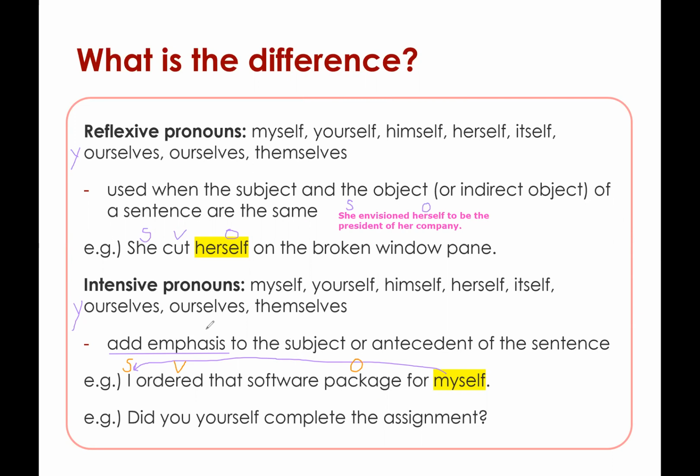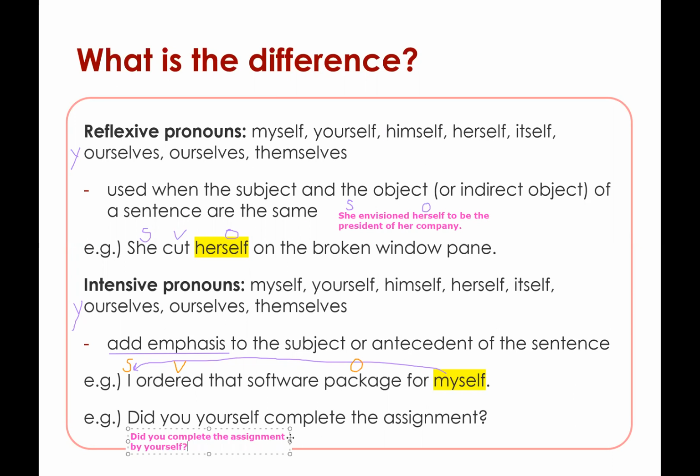In the case of intensive pronouns, the myself, yourself, himself, herself, these are not the object, all right? And the second example, did you yourself complete the assignment? Or you can rephrase that, right? Did you complete the assignment by yourself?